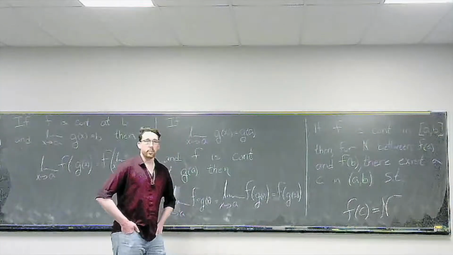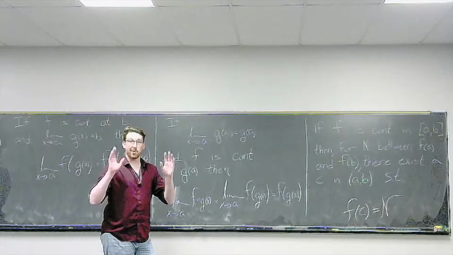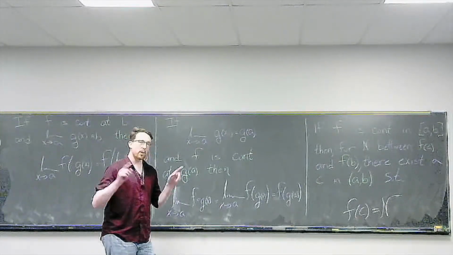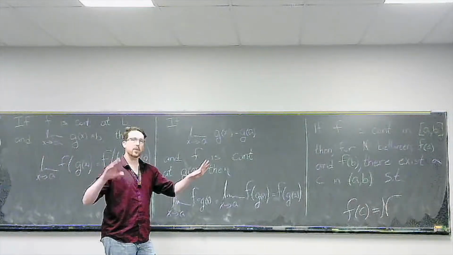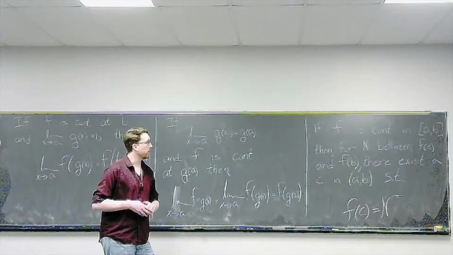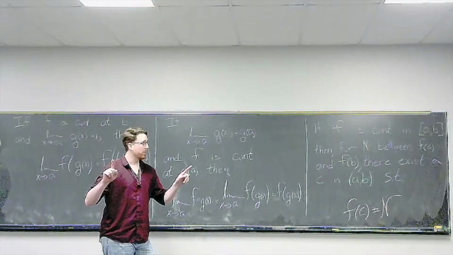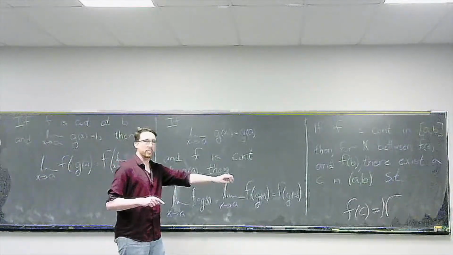In other words, take any collection of numbers from a to b. You're including a to b. You want to know what the function is on the extremes, right? So you need to know what f of a is, you need to know what f of b is. Now, between f of a and f of b, you're going to take a number, call it n. You're going to pull that out, set it off to the side.